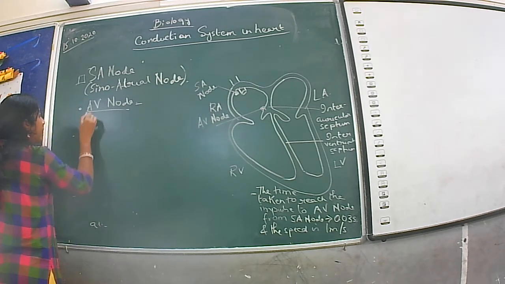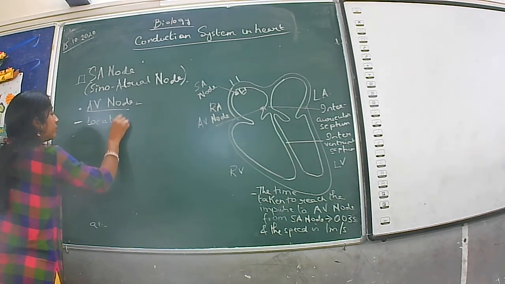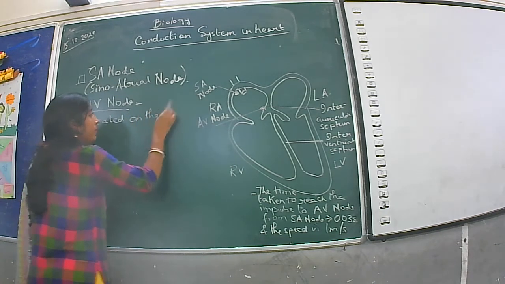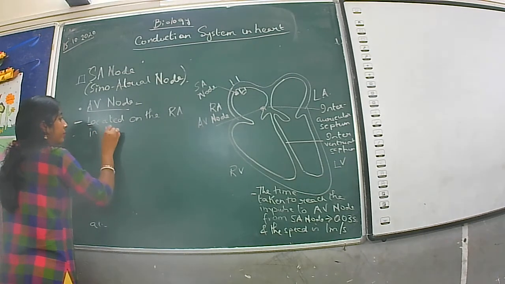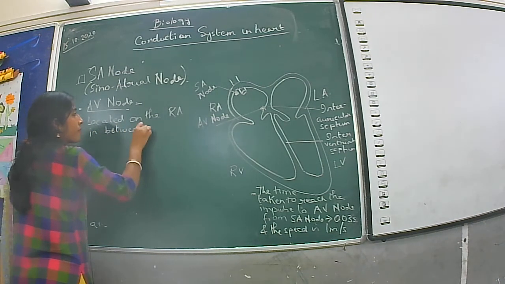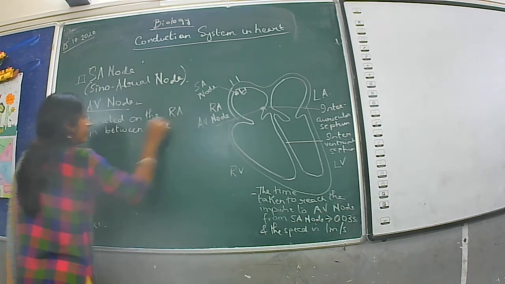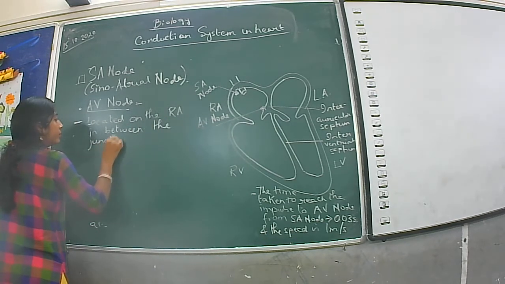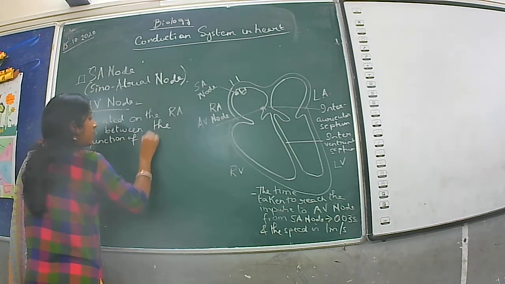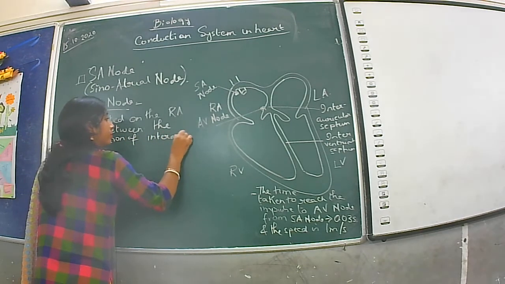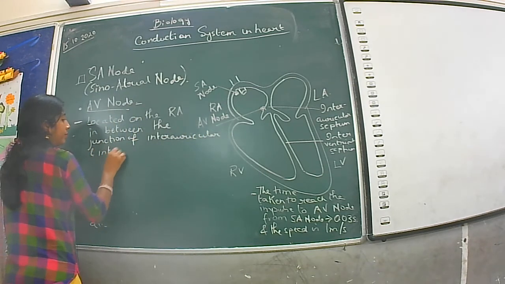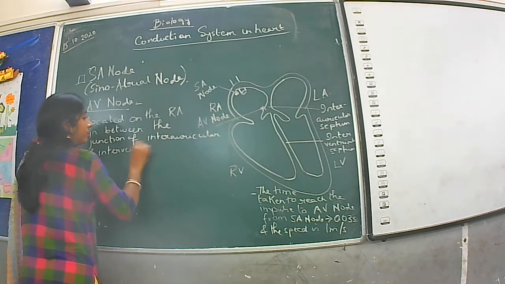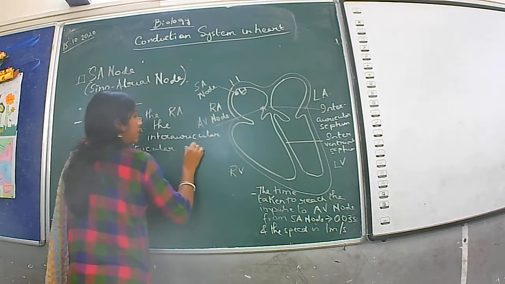So we can write it here: located on the right atrium, in between the junction of interauricular and interventricular septum.